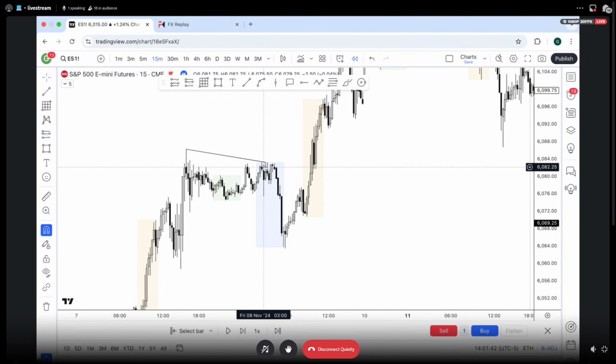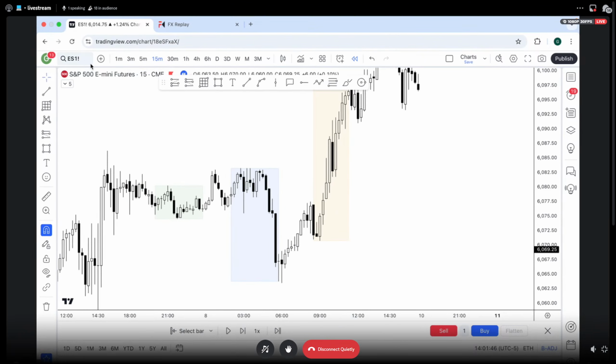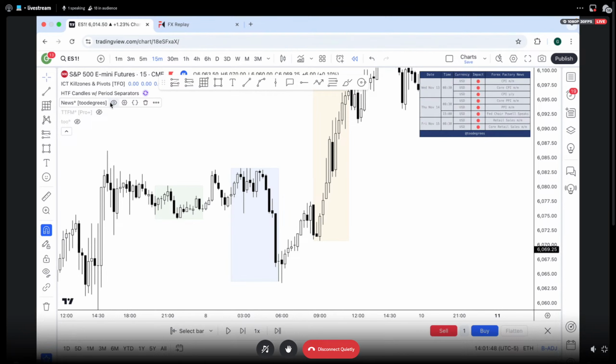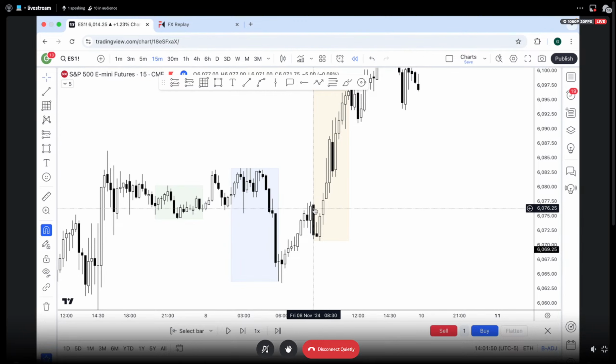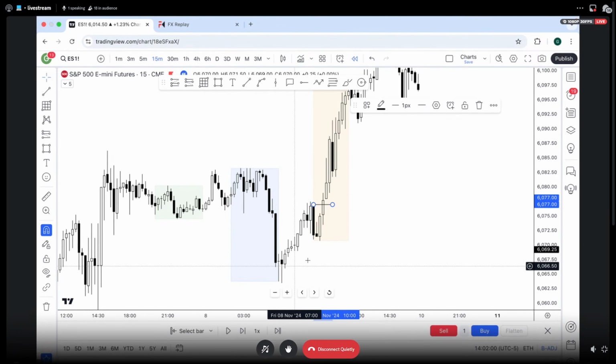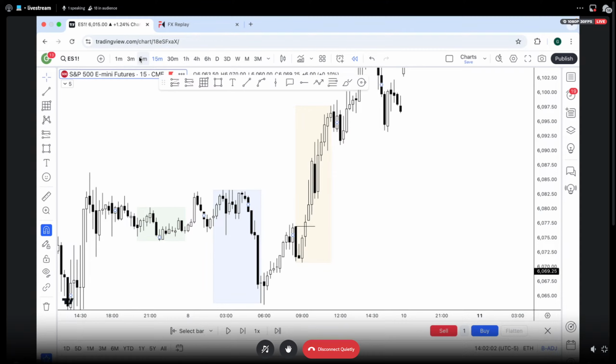So I assume this to be the low of the day. When I see 8:30, I think we had news maybe today. No, we don't. When I see 8:30 make that opposing run, close back over it, and then I see 9:30 just expand away from these opposing candles, this manipulation. That's a confirmation already, right?